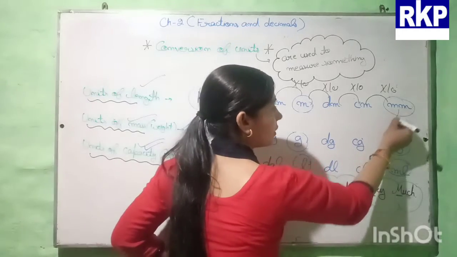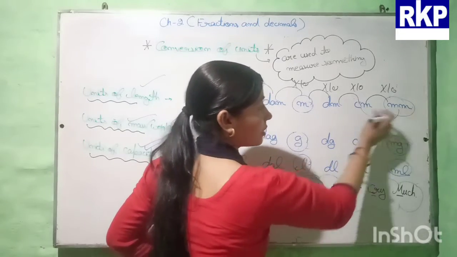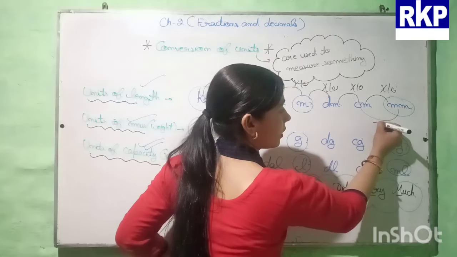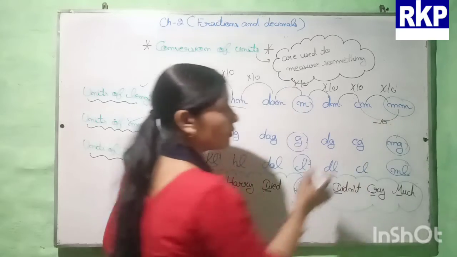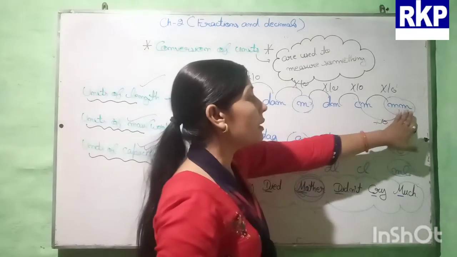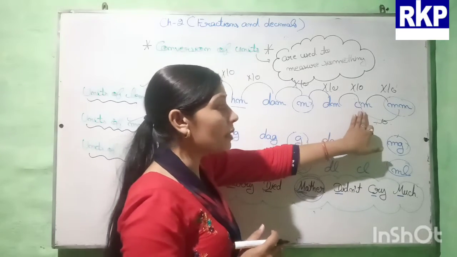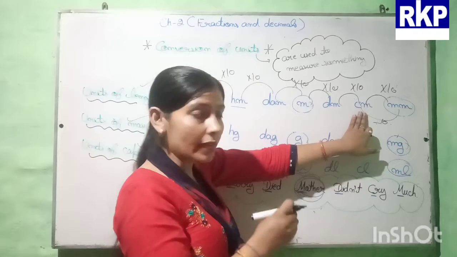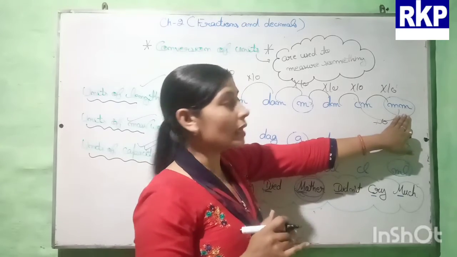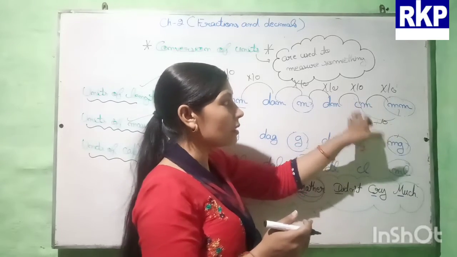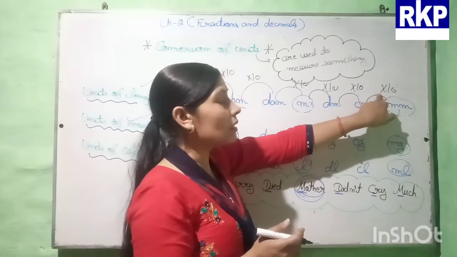Okay, if we move from millimeter to centimeter, we need to divide with 10, because millimeter is a smaller unit and centimeter is a greater unit. Centimeter is 10 times greater than millimeter. So if we want to convert centimeter into millimeter, we need to multiply with 10.